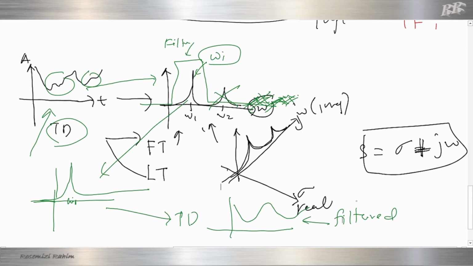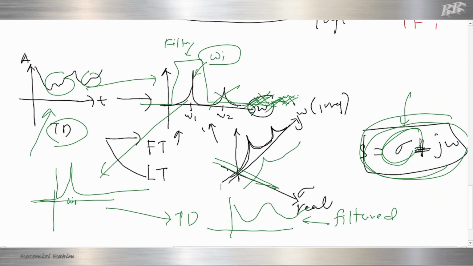This is one application of the frequency domain. The next application is, we know that in complex frequency we have sigma. By using this sigma, we can move our response here, or here.